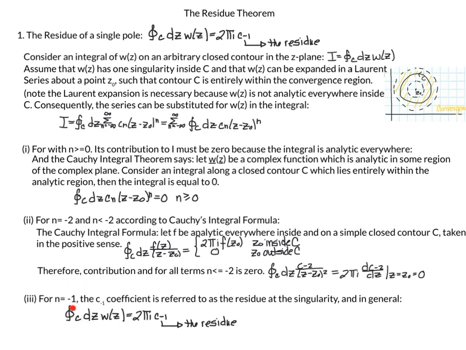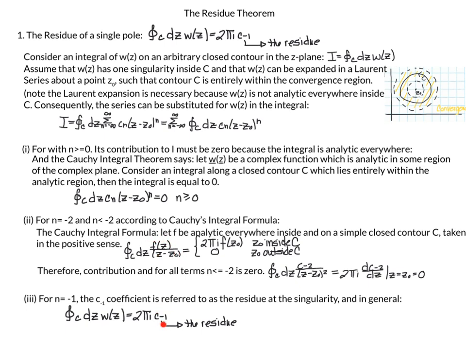Then our last case, n equals negative 1, the c to the minus 1 coefficient is referred to as the residue at the singularity. And in general now, we're going to have our integral over w of z is equal to 2 pi i f of z naught. And our f of z naught is what's above the z minus z naught.